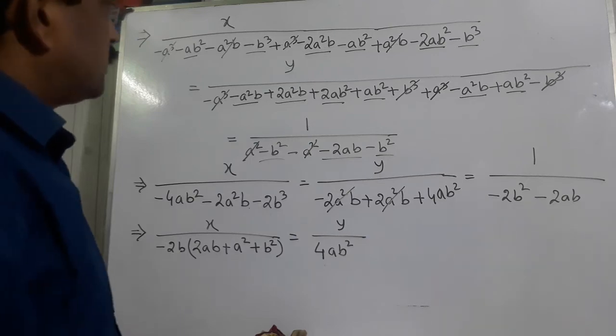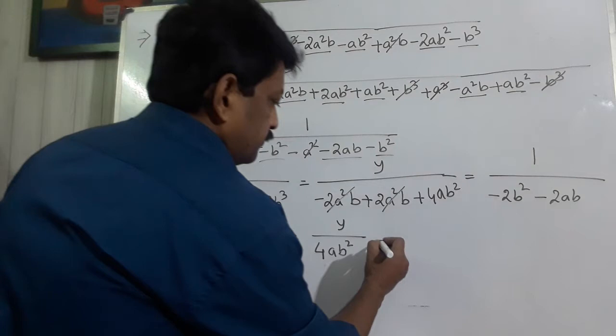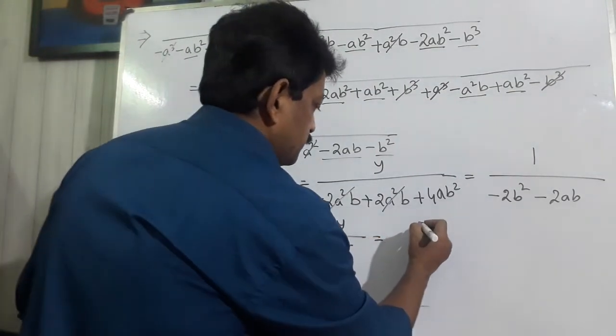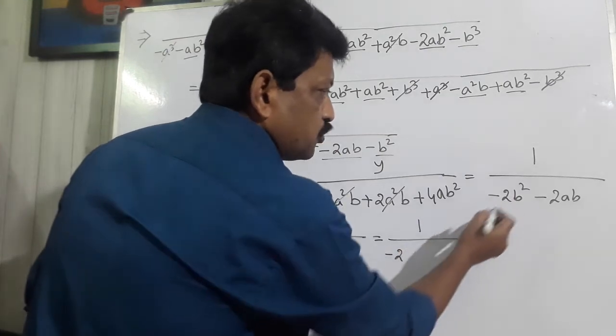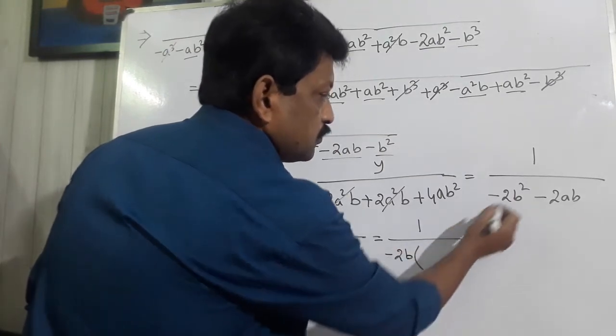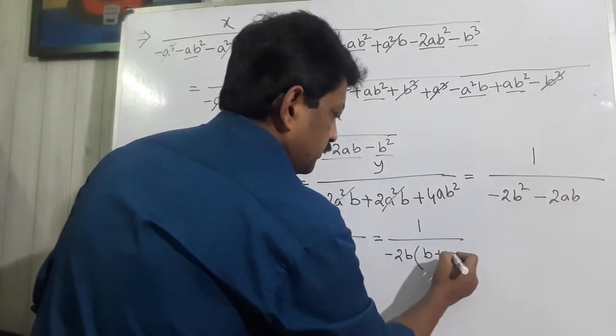I think there is a problem here. Okay, I shall check it later on. Minus 2b can be taken common, so it will become b, minus will become plus, and a.